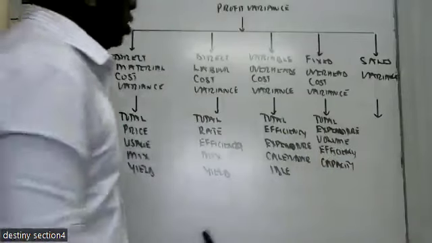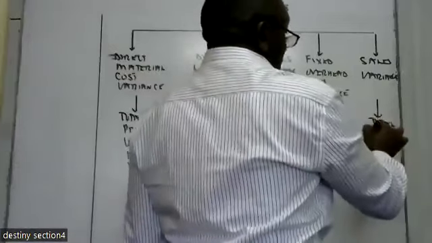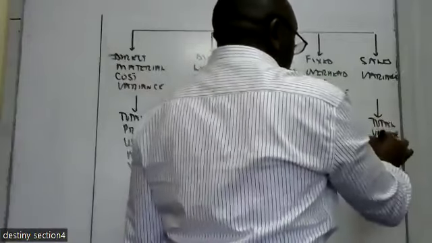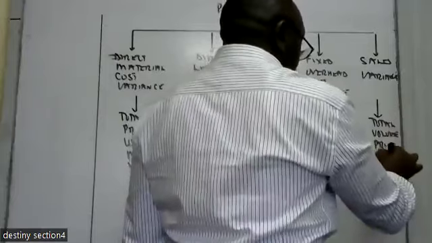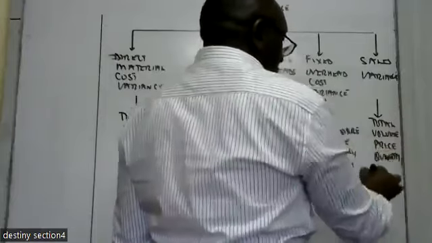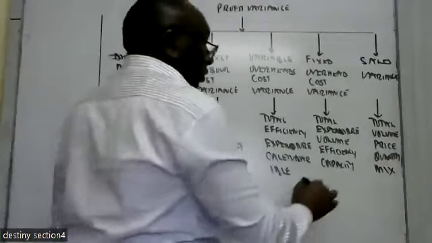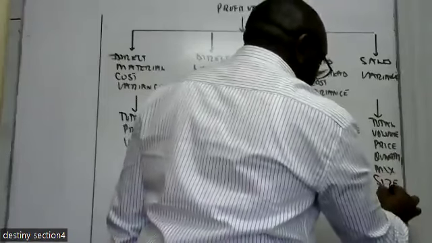Then, when we go to sales, we have total, volume, price, quantity, mix, size, and share.